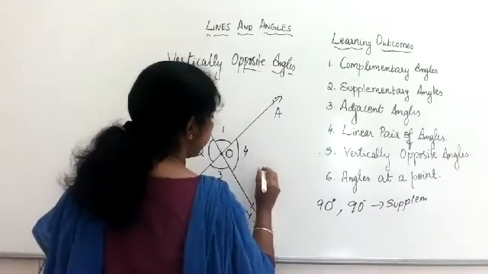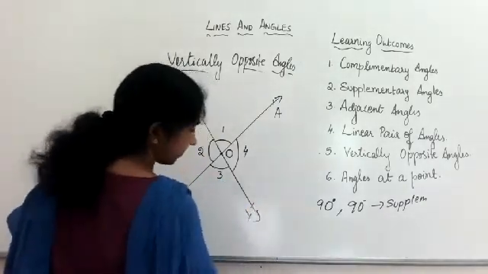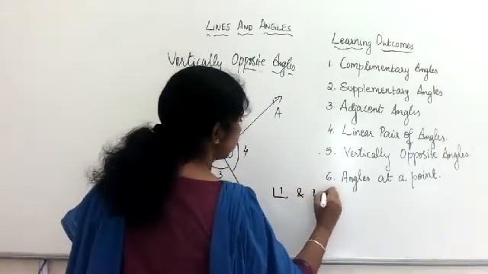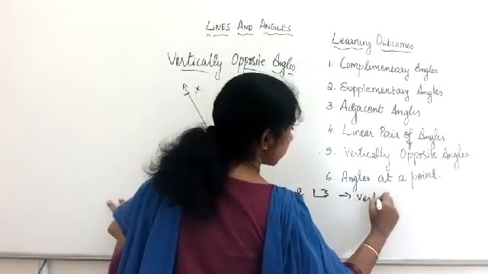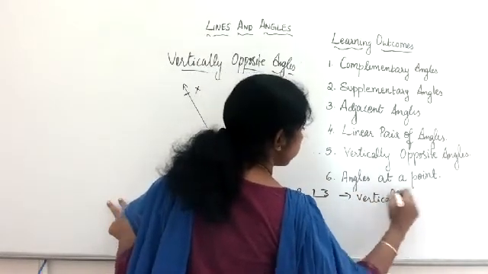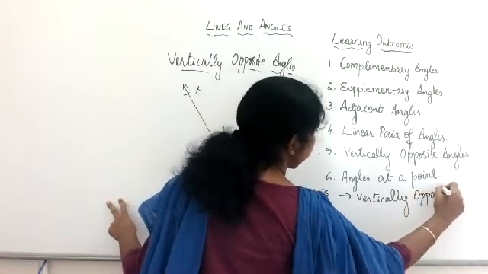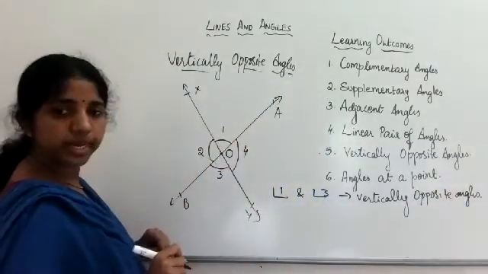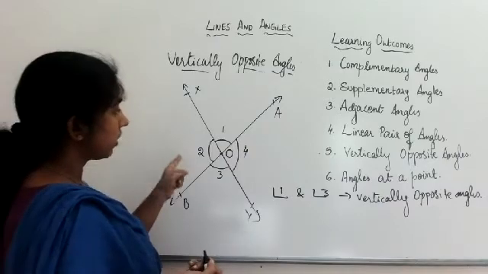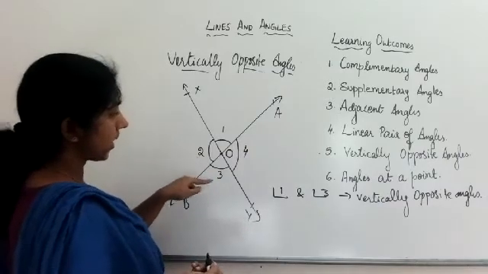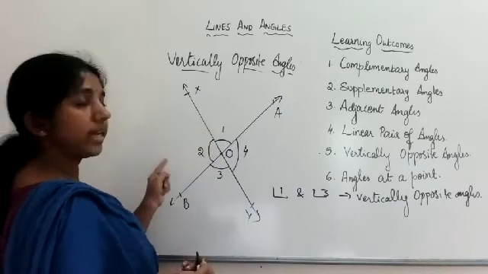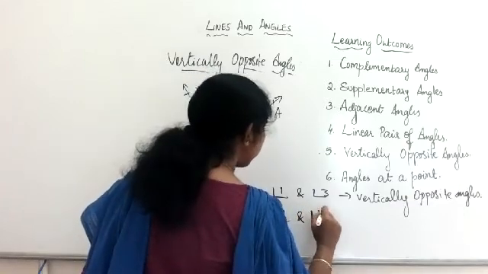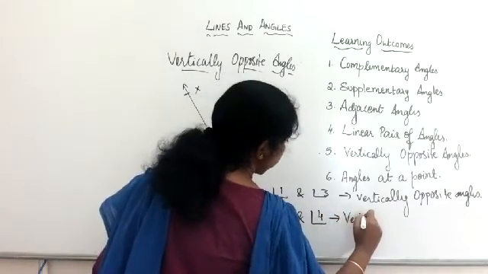So angle 1 and angle 3 are vertically opposite angles. Similarly, angle 2 and angle 4 are vertically opposite angles.